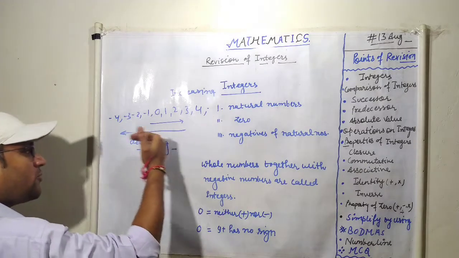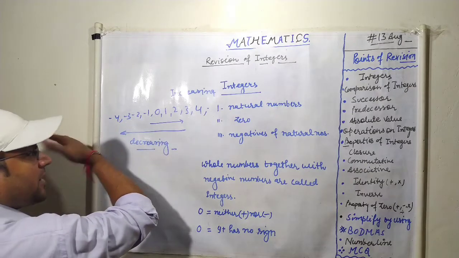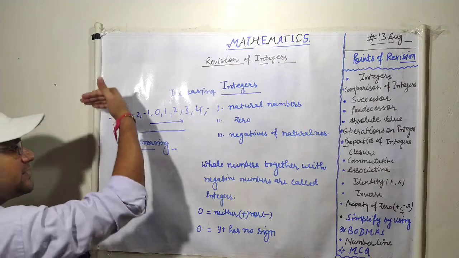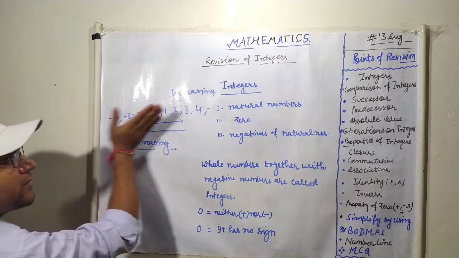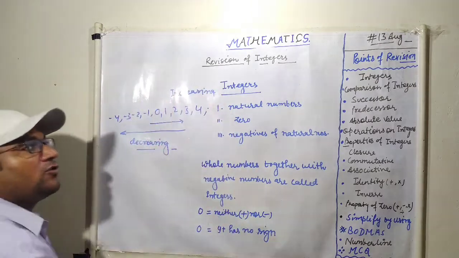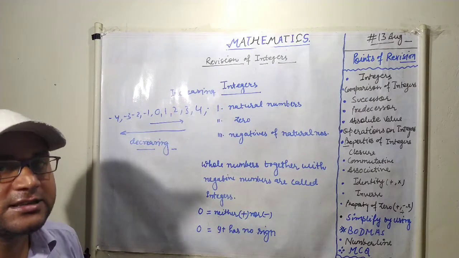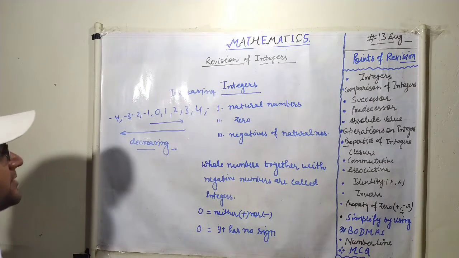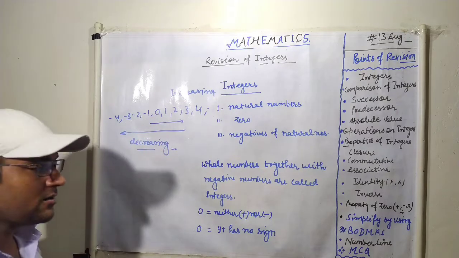So moving left on a number line, the value decreases, and moving right, the value increases. And 0 is neither positive nor negative.